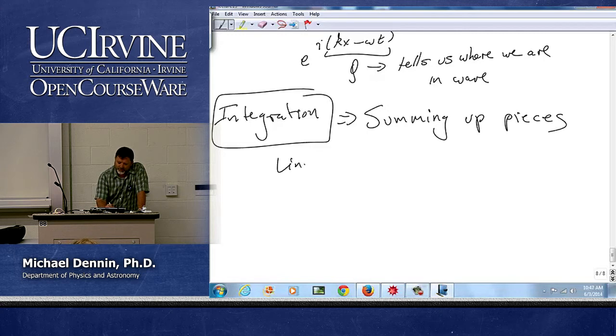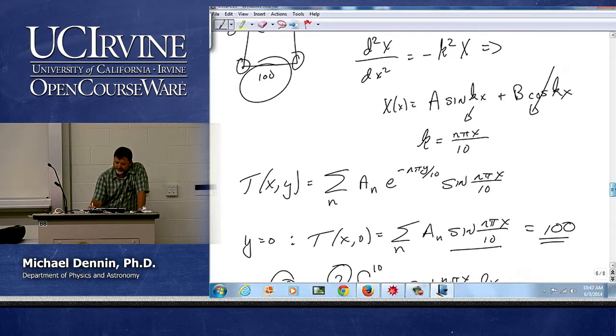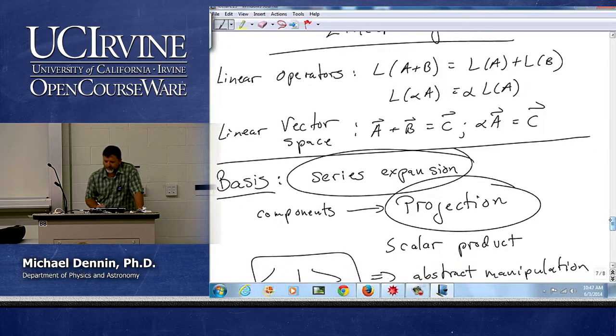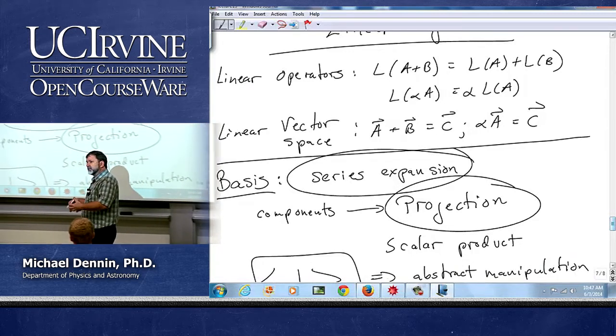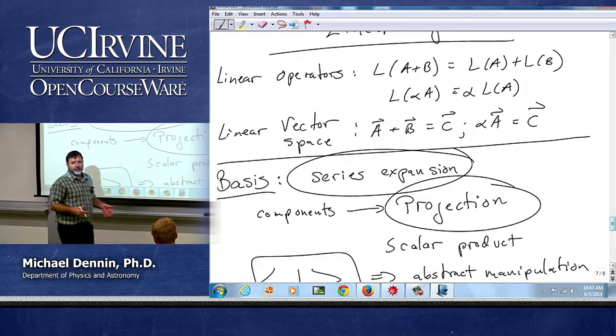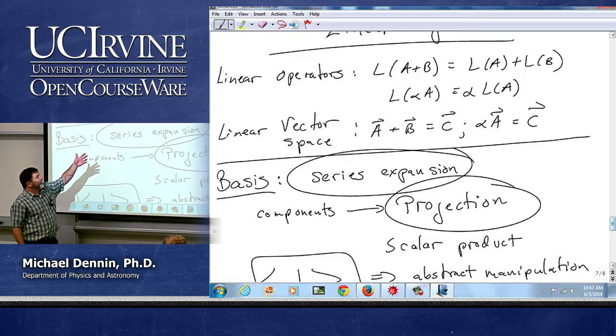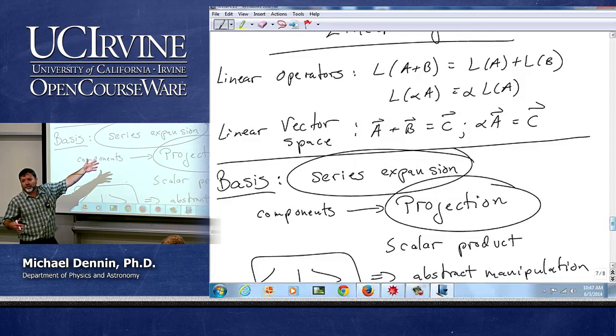Well, linear systems have the fundamental feature that you can do superposition. Right? If I go back to my definition, if I think of this as a linear system I'm trying to solve for, if A is a solution and B is a solution, then L of A plus B being L of A plus L of B will also be a solution most of the time.